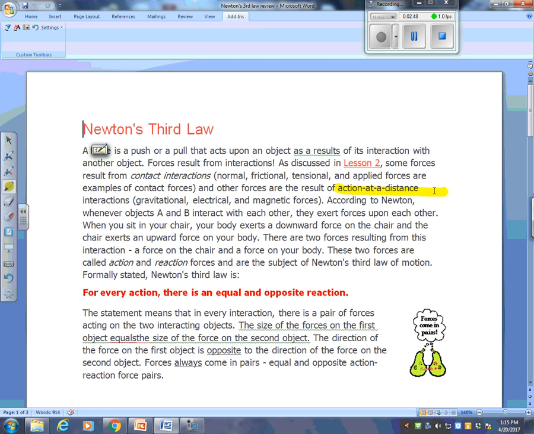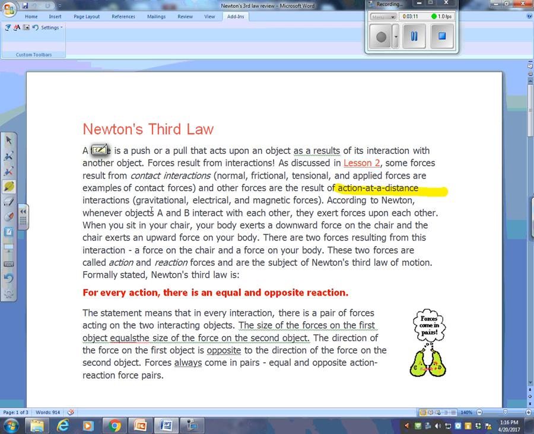But if I want this balled up piece of paper to fall out of my hand, I just let it go. So the Jedi don't use lots of force. I'm still working on my Jedi training. You one with force. So there is this action at a distance interaction. Gravity, electrical, magnetic forces all result from action at a distance. More on that in the future.